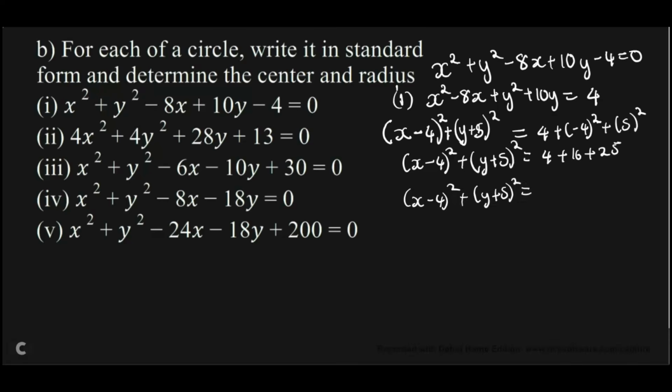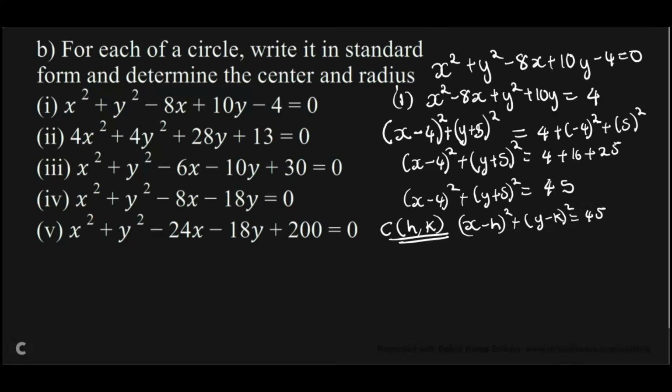Then what's your answer in this situation? Your answer in this situation you shall find to have what we call 45, like that, right? So after finding the 45, remember the standard equation of the circle, with center h comma k, was x minus h squared plus y minus k squared equal to r squared.